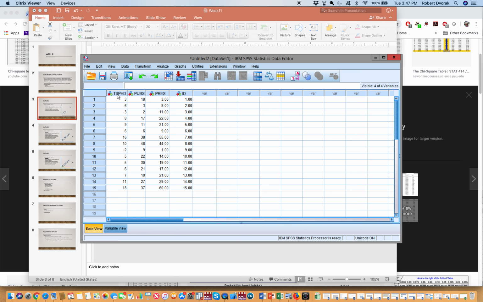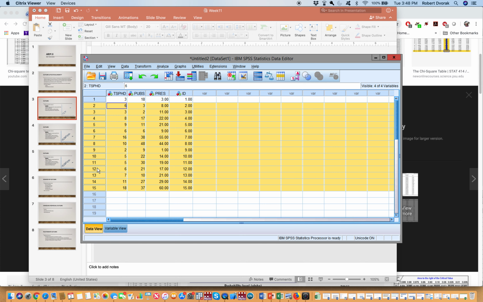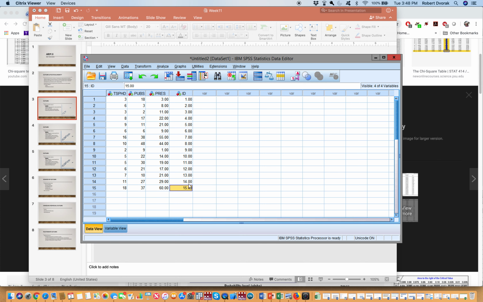Here we have time since PhD and publications, and this is presentations. We're going to throw another variable in the mix here, and this is just the person's ID. Notice that they correspond to this row right here: 1, 2, 3, 4, 5, and so on.